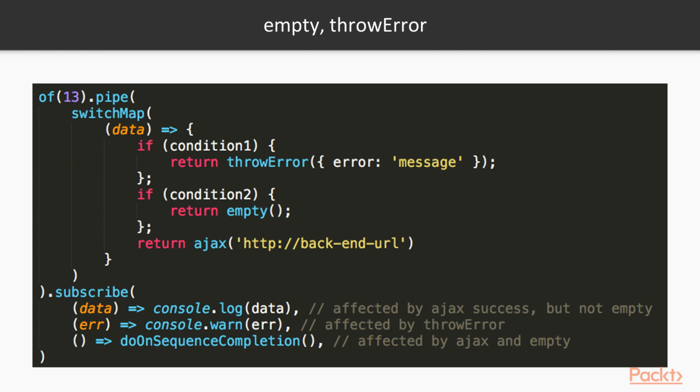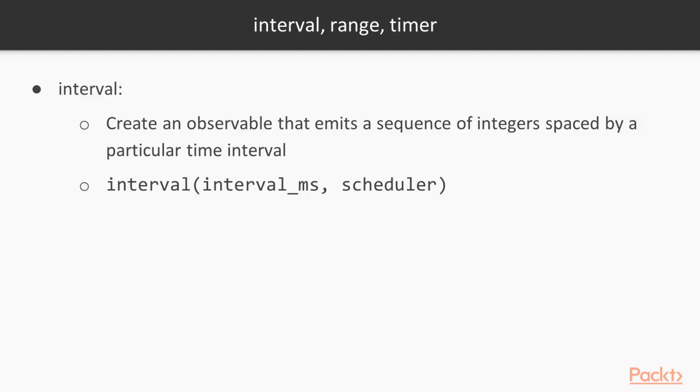If condition 2 is true, then we get a sequence that completes without any values, so the complete handler will be invoked. If no condition is met, we return an observable that will emit Ajax call results, so our onNext handler will run to process data.